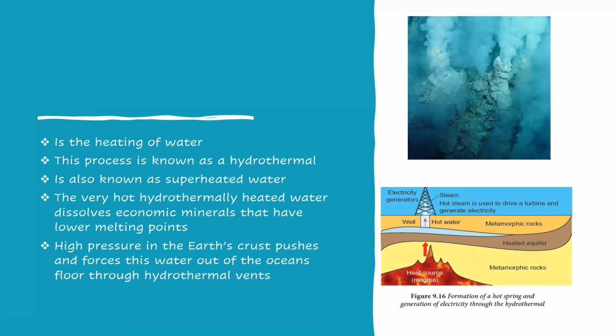As you can see in the picture, the blue picture, that is how the hydrothermal vents look like. When the water cools, the dissolved economic minerals will precipitate as metal and sink to the sea floor. The mineral-rich hydrothermal vent field will become an important economic prospect for seafloor mining. That's interesting.